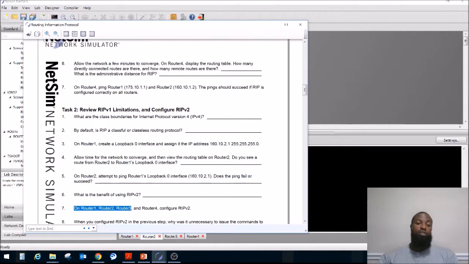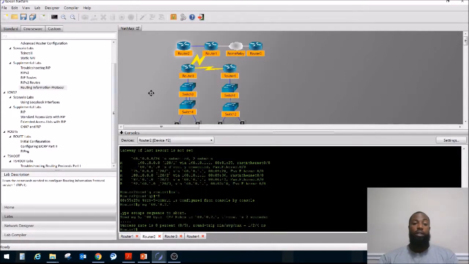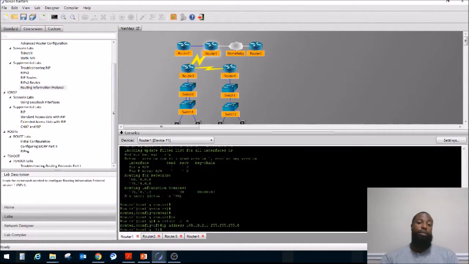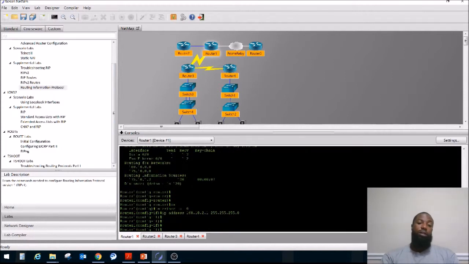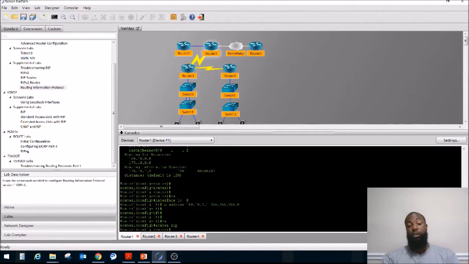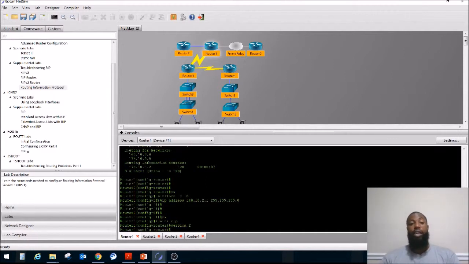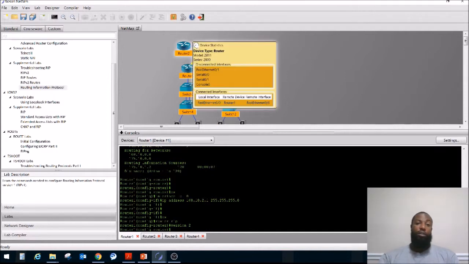So on router 1, 2, 3, and 4, configure version 2. Let's do that. So on router 1, how do we do that? We exit out of this and router rip. This is how you configure version 2. It's a real hard command. It's really hard. Version 2. Look at that. Let's go to router 2.